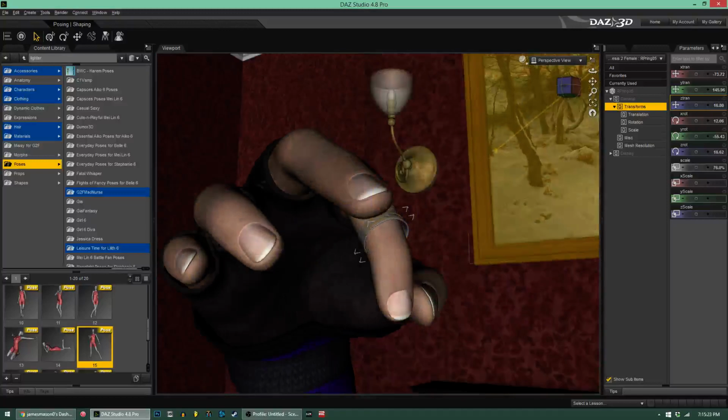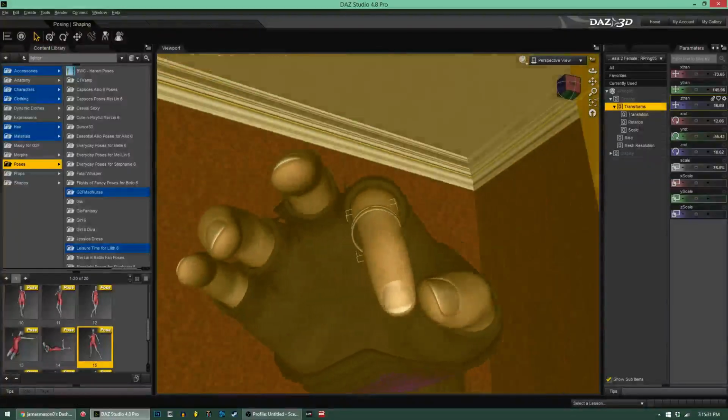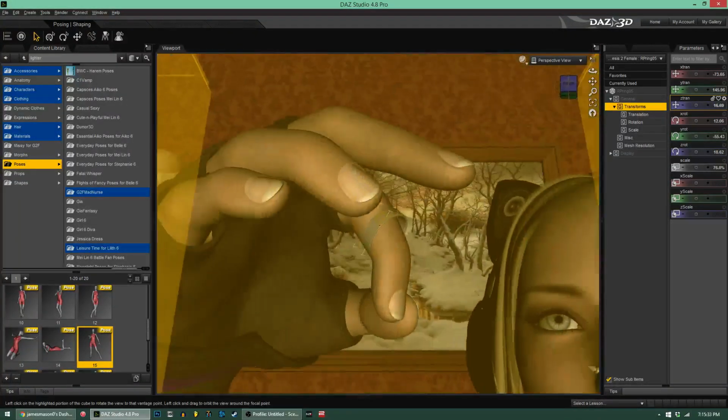These damn rings never quite parent the right way, so it always takes a little bit of adjustment after everything's in place to get them to look right.